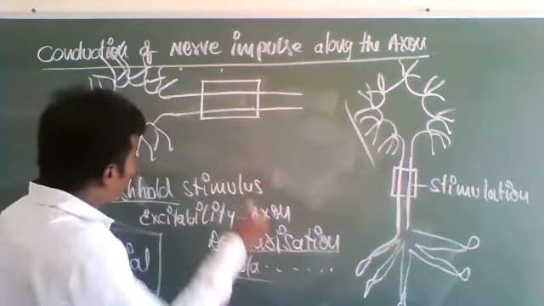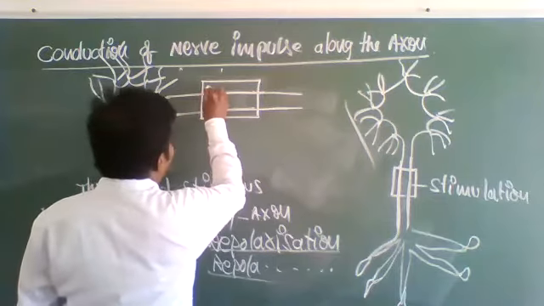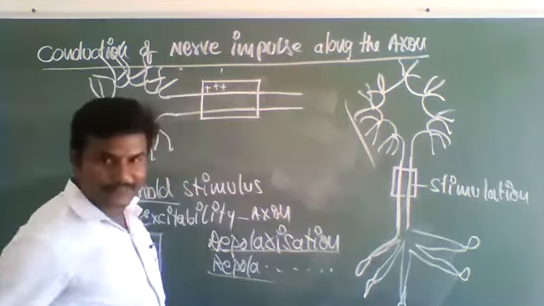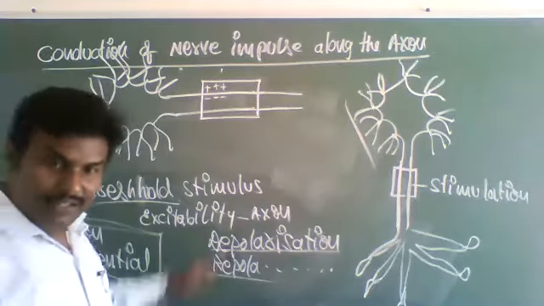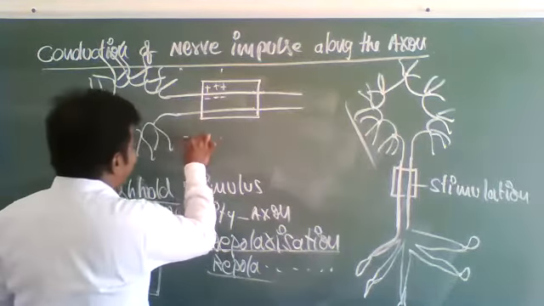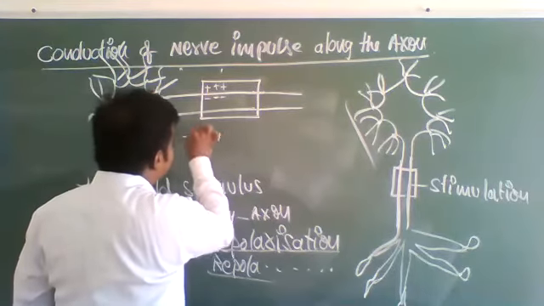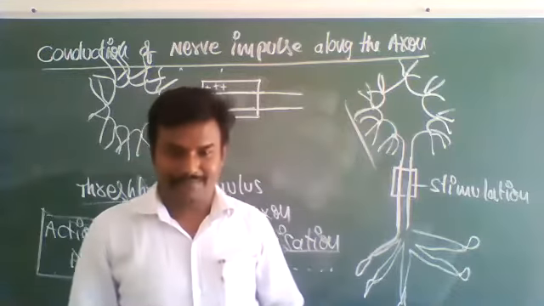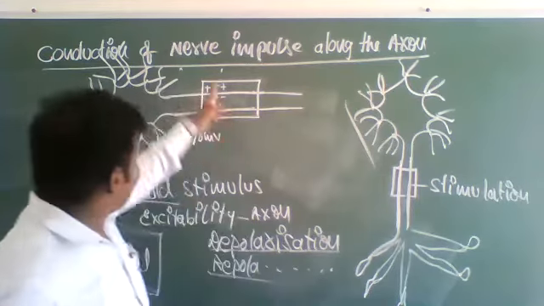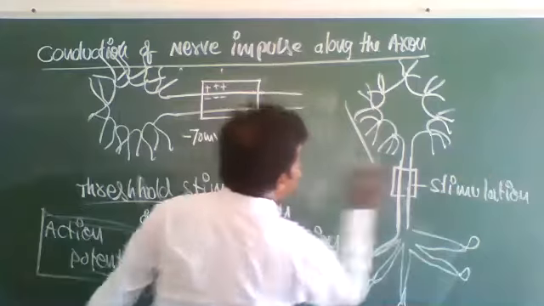So at that time, originally here what? Plus, plus, plus. Negative, negative, negative. When it is minus 70 millivolts, when we were in the resting state. Now we applied stimulation.